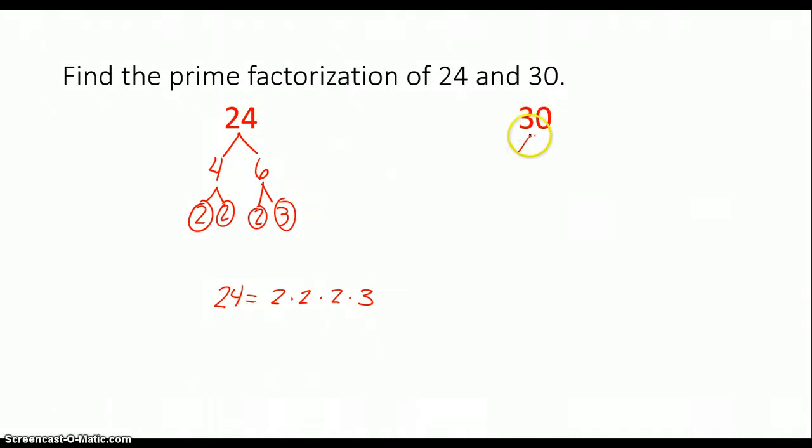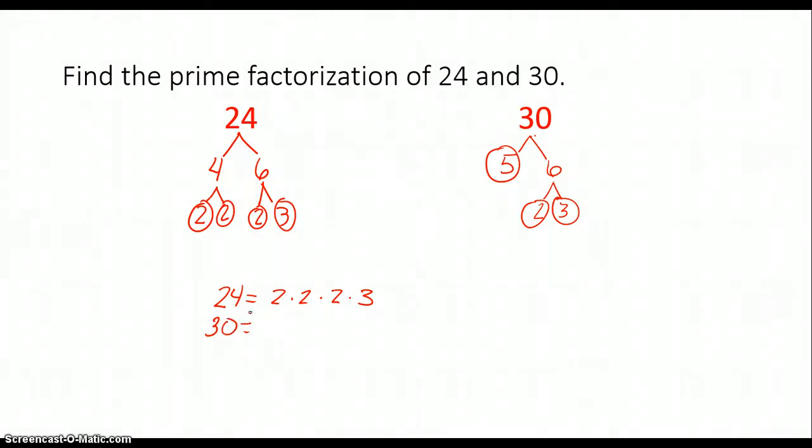Now we need to find the prime factorization of 30, and 30 can be broken down into 5 times 6. 5 is prime, so I'm going to circle it. 6 can be broken down into 2 times 3. And 2 and 3, as we know, are prime, so I'm going to circle those too. Now I need to write the prime factorization of 30, but I'm going to write this a little differently.